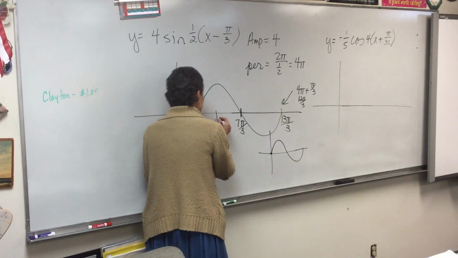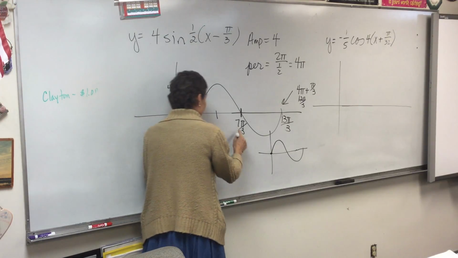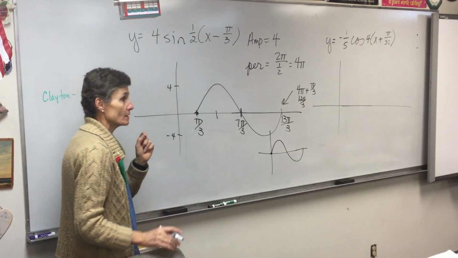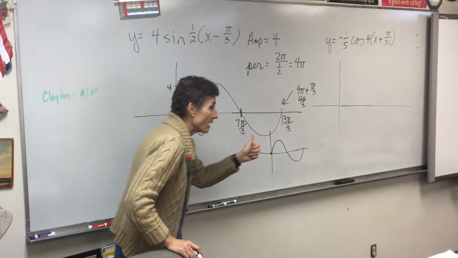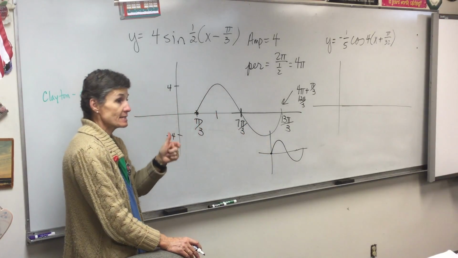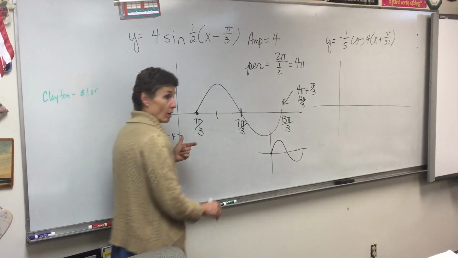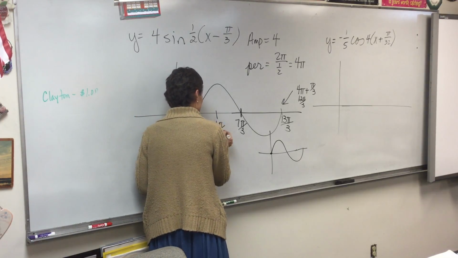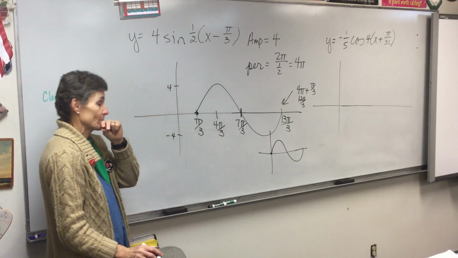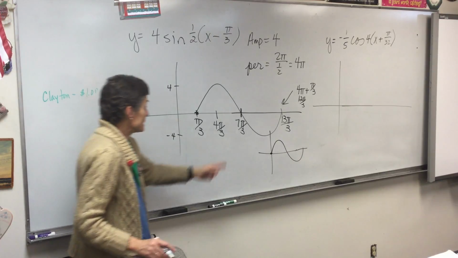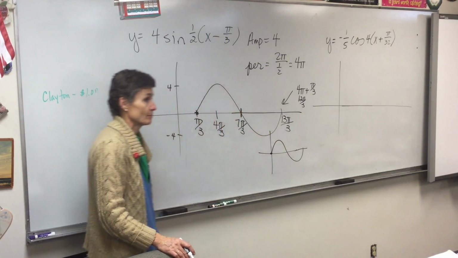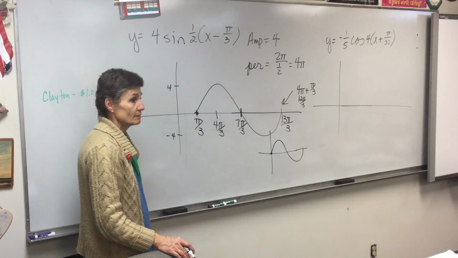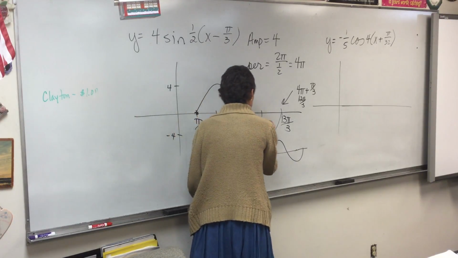Now, this is the average of these. So what's 1 and 7? 8 divided by 2, 4. So this is 4 thirds. 7 and 13. 20 divided by 2, 10 thirds.